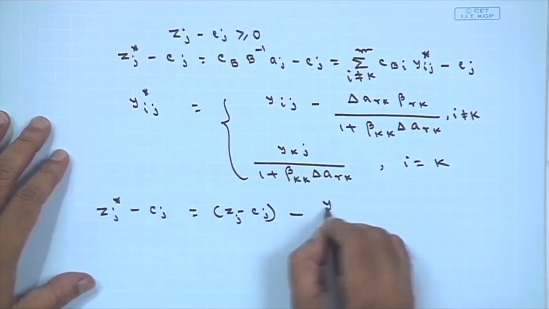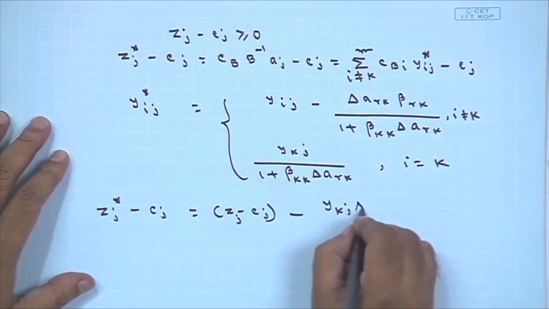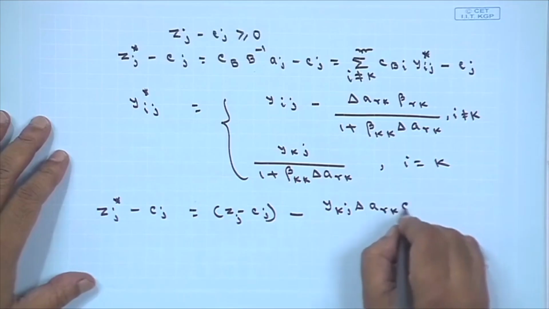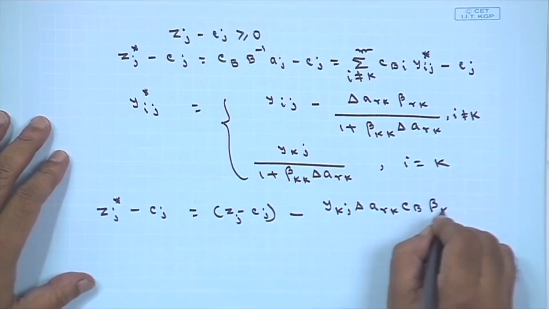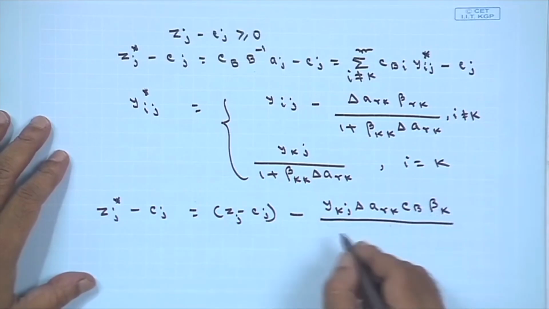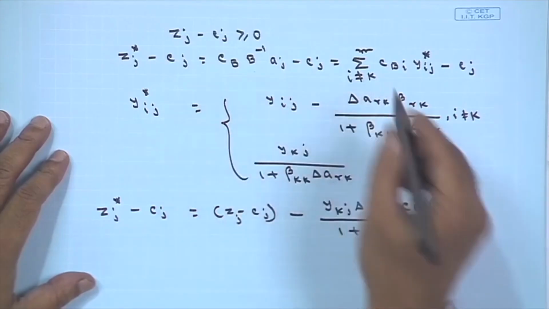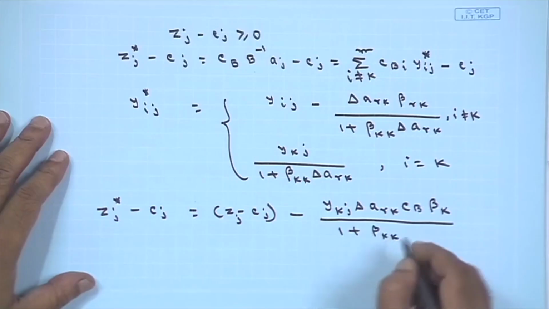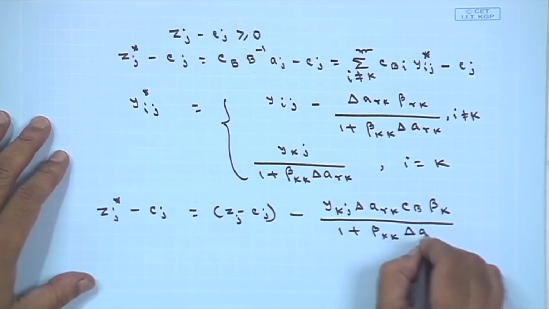minus y_kj delta a_rk c_B into beta_k divided by 1 plus, from here I am getting it, 1 plus beta_kk into delta a_rk.